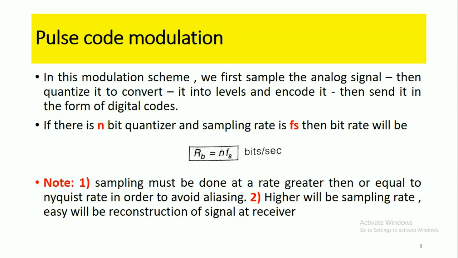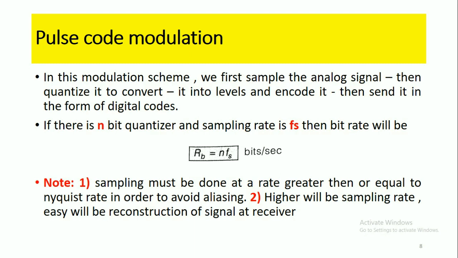And next we will go for pulse digital modulation techniques. The first one is pulse code modulation. In this scheme, we first sample the analog signal, then quantize it, then it is converted into levels and after that they are encoded. Then it is sent in the form of digital codes.